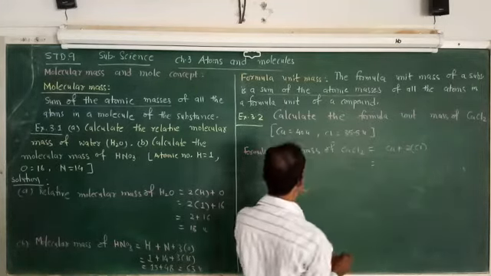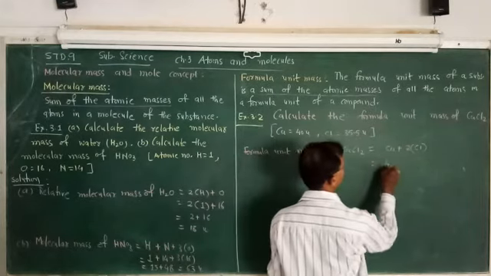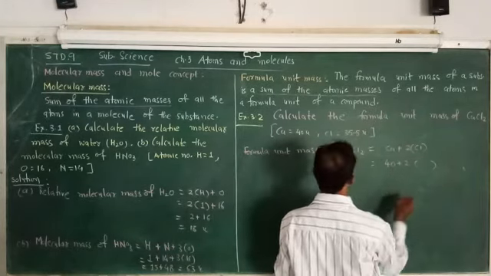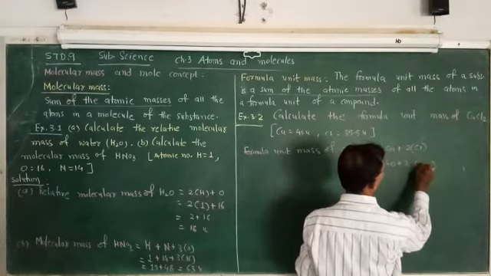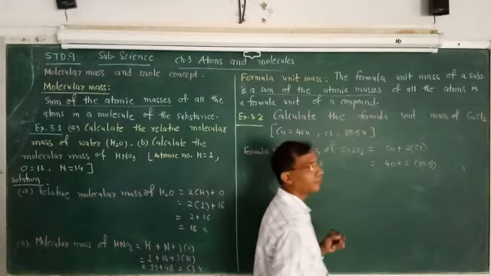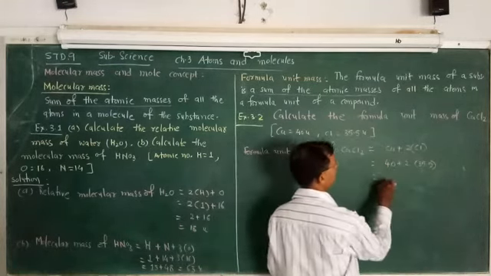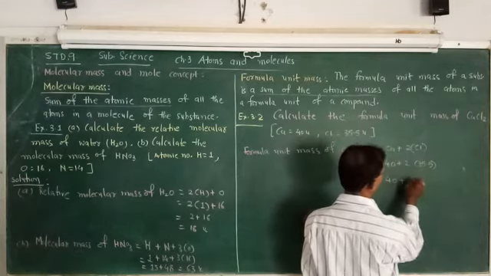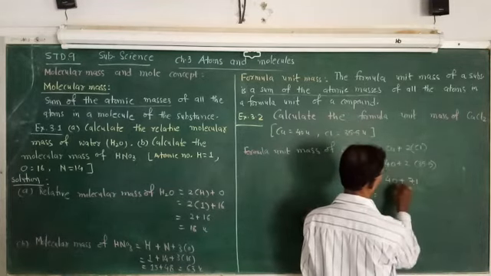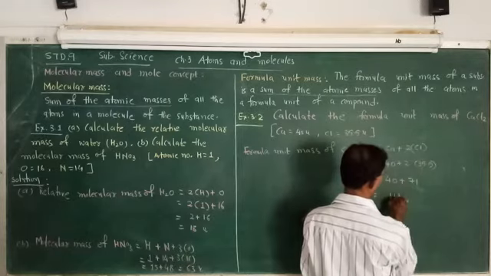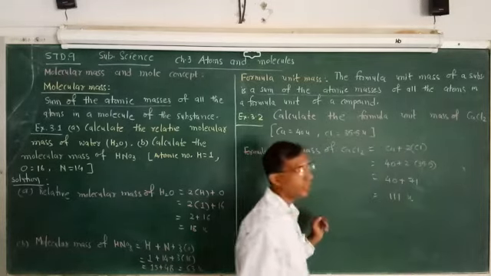So calcium Ca 40 plus 2 times chlorine 35.5, which is 71. So the total is 111 u.